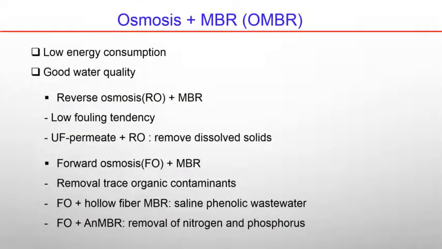And then I will talk about osmosis combined MBR. It is called OMBR. Osmosis MBR has advantages such as low energy consumption and good water quality production. There are two types of osmosis MBR. First is reverse osmosis combined with MBR.